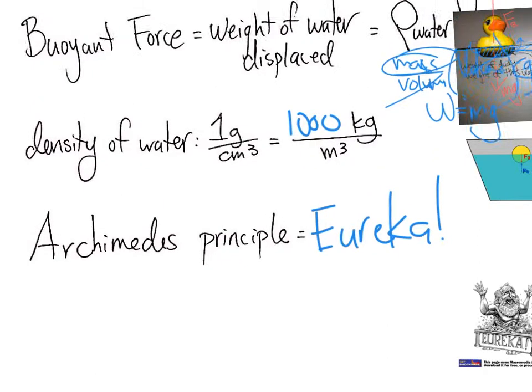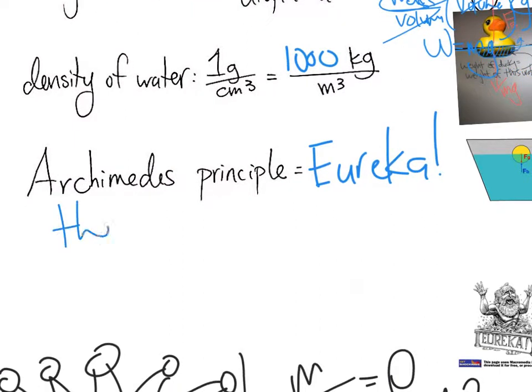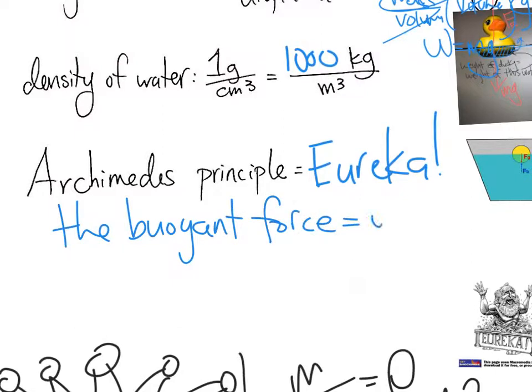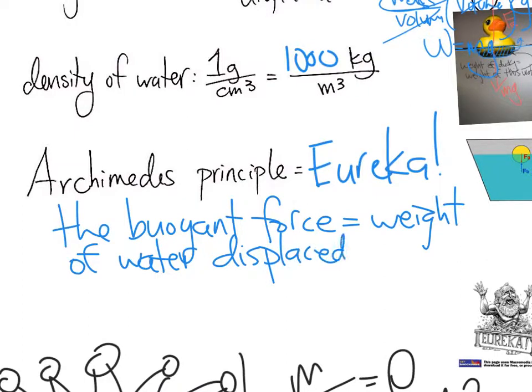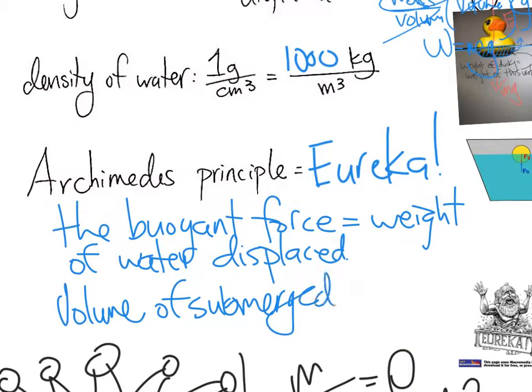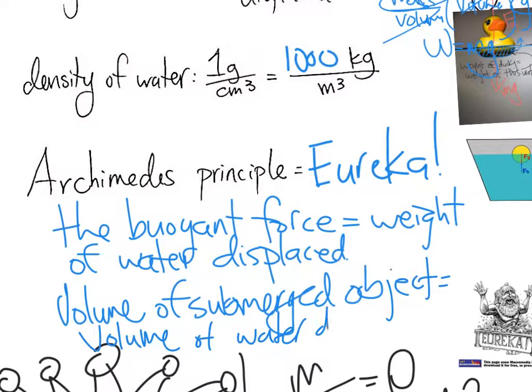It is that the Archimedes' principle, we could say the buoyant force equals weight of water displaced, or the volume of submerged object, submerged meaning completely below the surface, all of the object is underwater, volume of submerged object equals volume of water displaced.